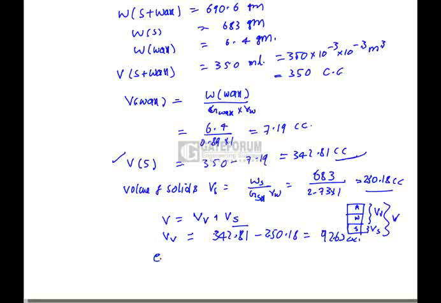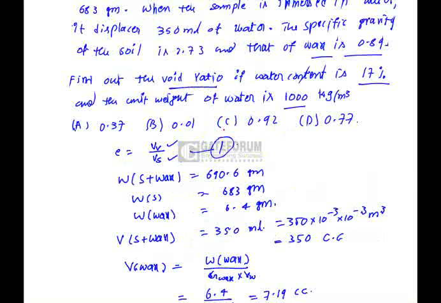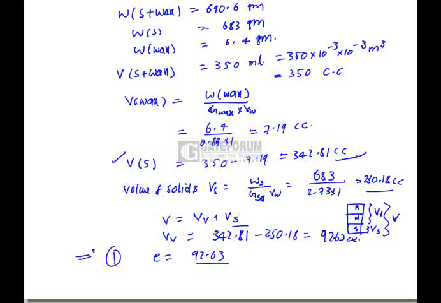So E is equal to volume of voids 92.63 by volume of solids. From equation 1, volume of voids by volume of solids is 92.63 by 250.18, that is equal to 0.37. So option A is correct.